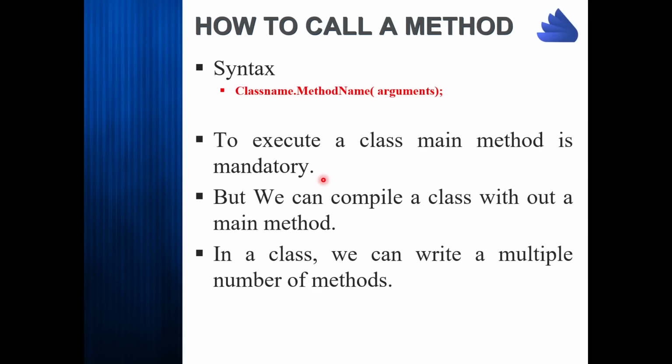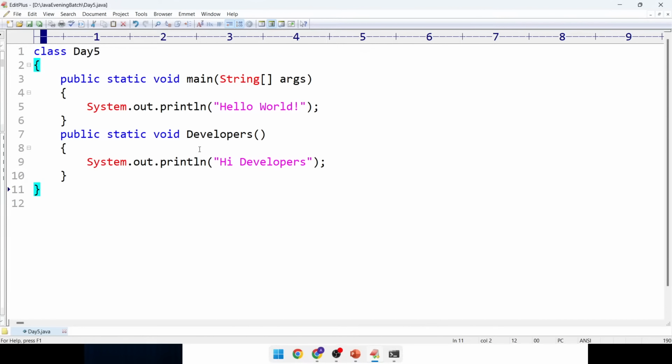To execute a program, the main method is mandatory. But without the main method, we can write a program. Without the main method also, we can write a program. Okay, guys, let me explain clearly in this slide only.